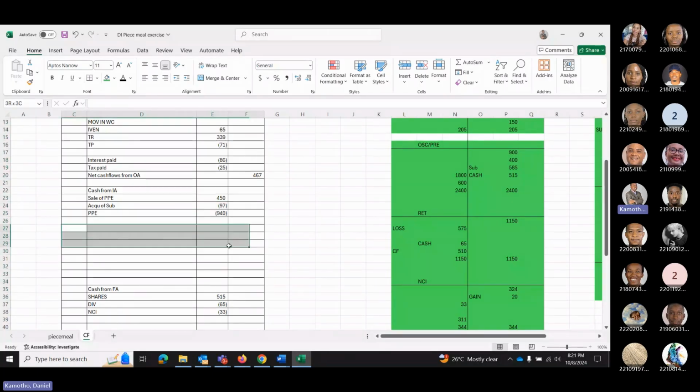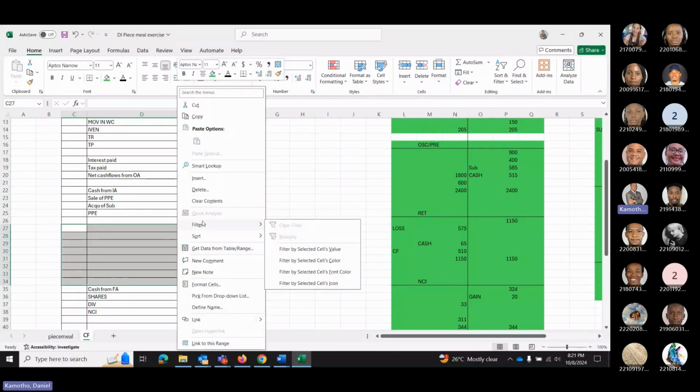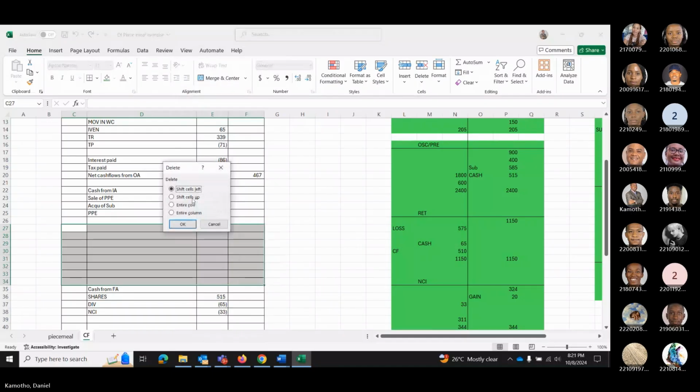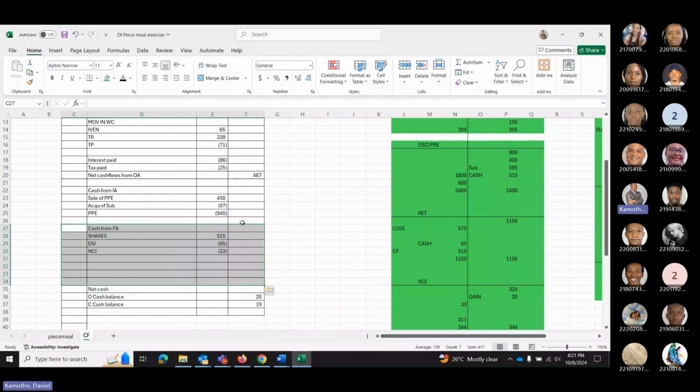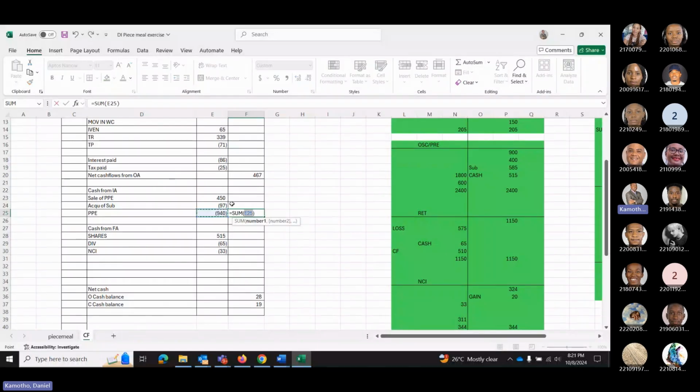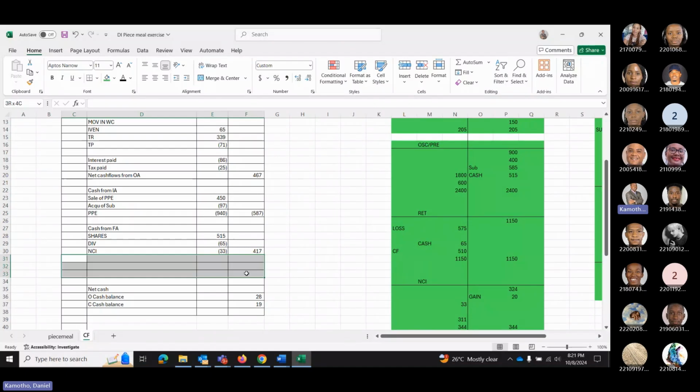Let me just remove a lot of spaces I added. I can add up what the net is there, which is the net of those two. And I can add up what the net is here, which is the net financing activity. And then we can get the difference of those two.